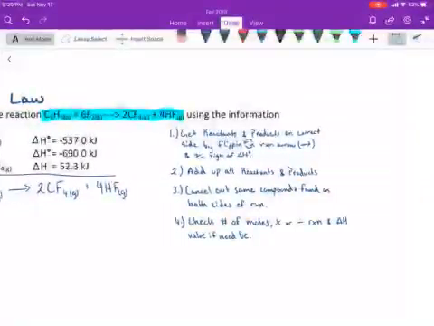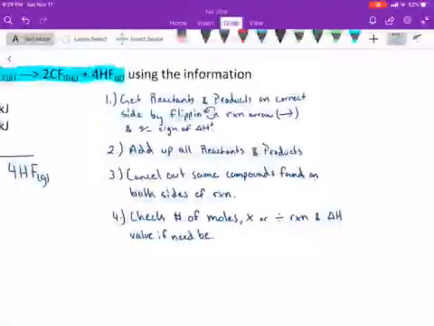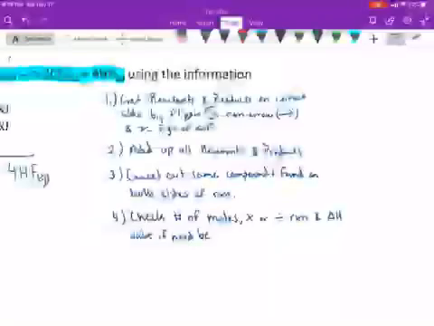So I wrote down some steps. If you need, you can take a picture of them, you can write them down neater. I just wrote these down real quick. But first we get the reactants and products on the correct side of the equation.